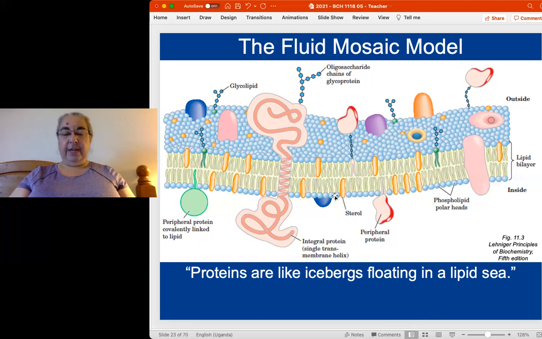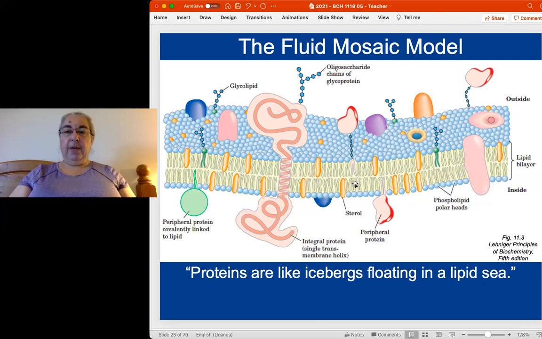So I don't know if you've seen a picture of an iceberg, a huge block of ice floating in seawater. But icebergs float with a small amount of ice above the water and a large amount of ice inside the water. Okay. And they're able to move around very easily in the water.